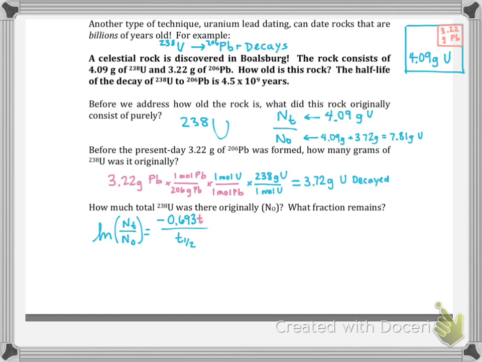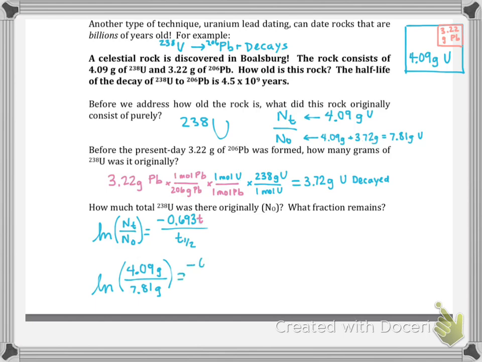So I can then get my first order kinetics equation and start plugging in numbers for the masses and for the half-life. So I have the natural log of my 4.09 grams divided by my new total, 7.81 grams, of how much uranium there used to be back in the day.